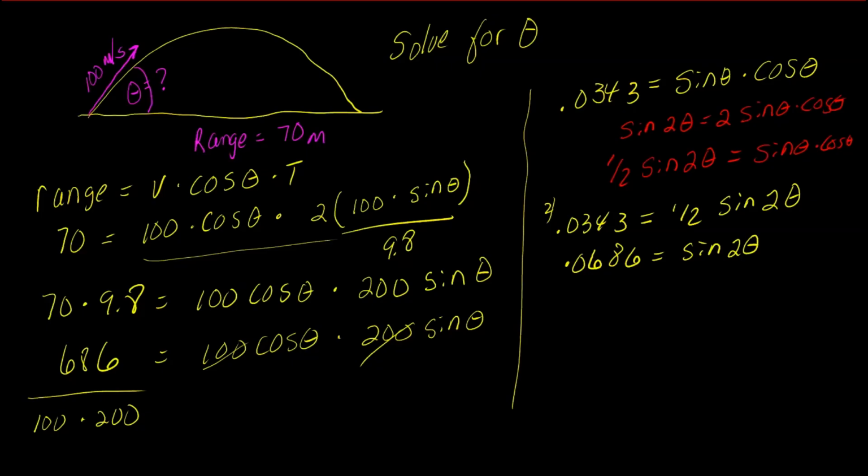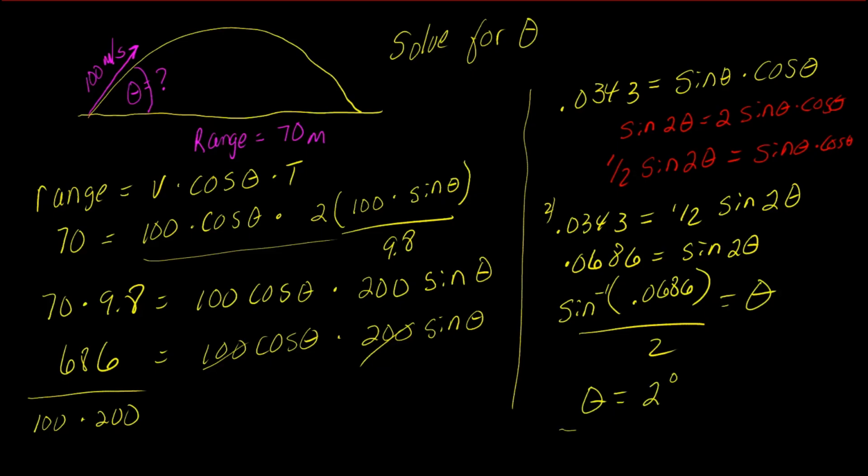Okay, so I need to find the arc sine of 0.0686, and I'm going to divide this by 2. That will equal theta. So theta will equal 2 degrees. So that would be my angle.